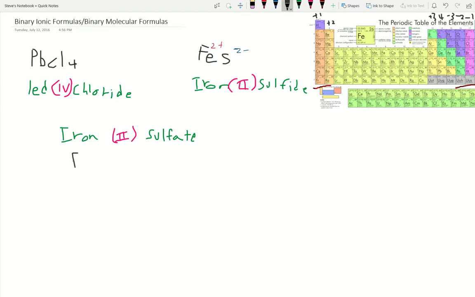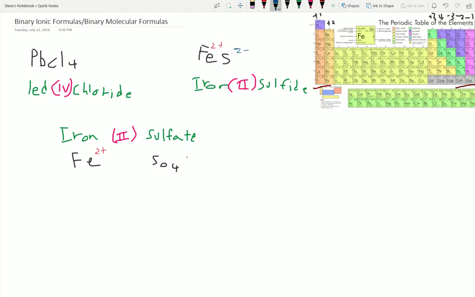Iron is Fe, sulfate is SO4. Iron has a charge, in this case of 2, because it comes first, it is +2.